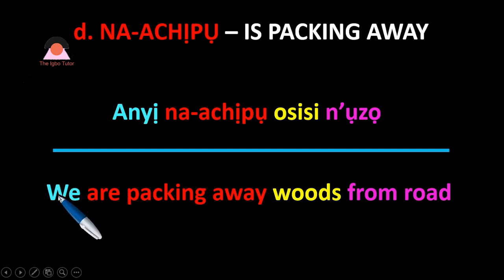Because this is plural, we don't use is, we use are. So don't get confused because I wrote is packing away. I envisage a singular person taking action here. But when there are many, it becomes anyị, which goes for we. Then we no longer use is, we use are.